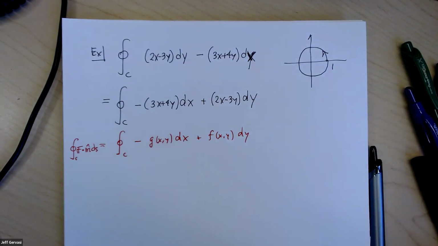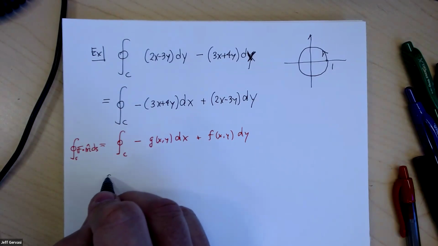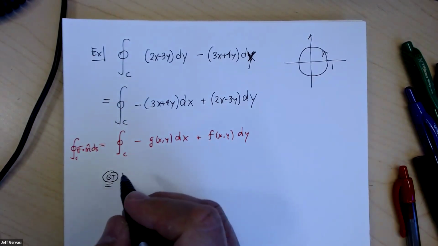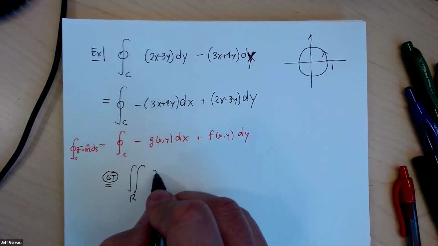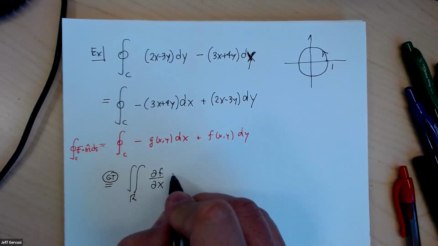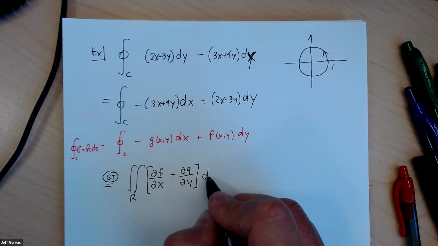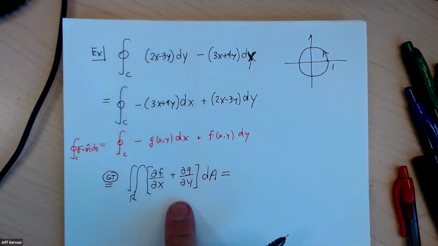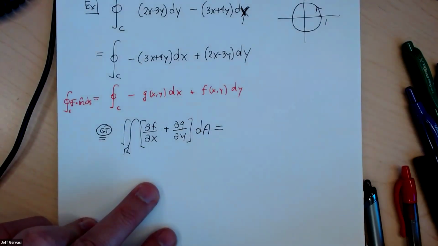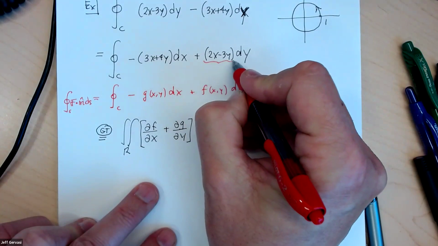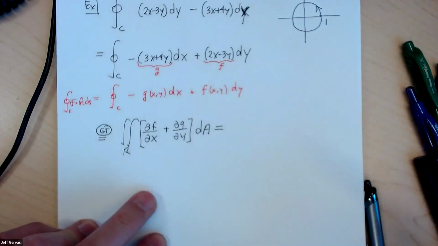Okay. So to use that, the flux form of Green's theorem is this. So here is F, and this right here, that's my G.